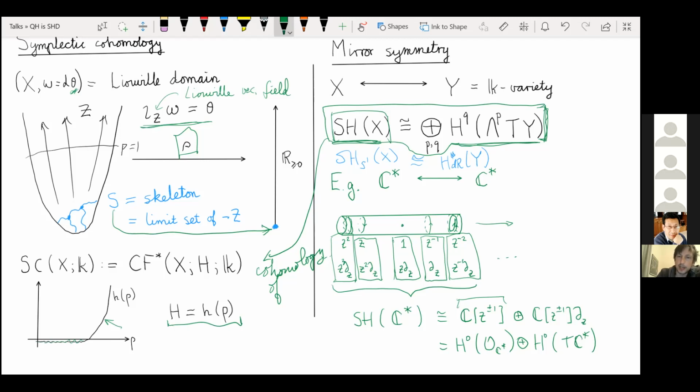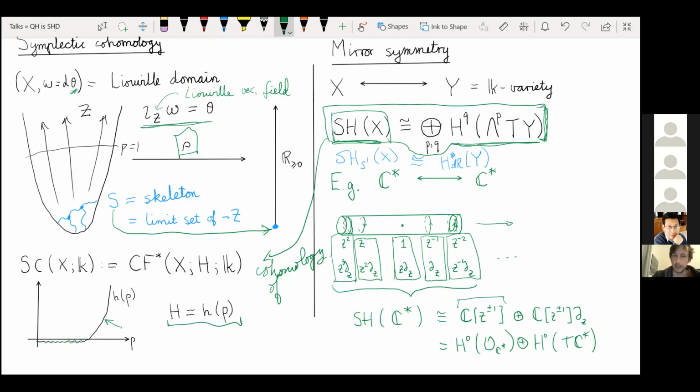Together you get the whole polyvector field cohomology of C star. Of course, I've only written isomorphic; I haven't said isomorphic as what. There are various algebraic structures that are respected. For example, it's a Gerstenhaber algebra, or more precisely a Batalin-Vilkovisky algebra isomorphism, etc. But for the purposes of the talk, the main focus will just be on seeing these things as vector spaces.